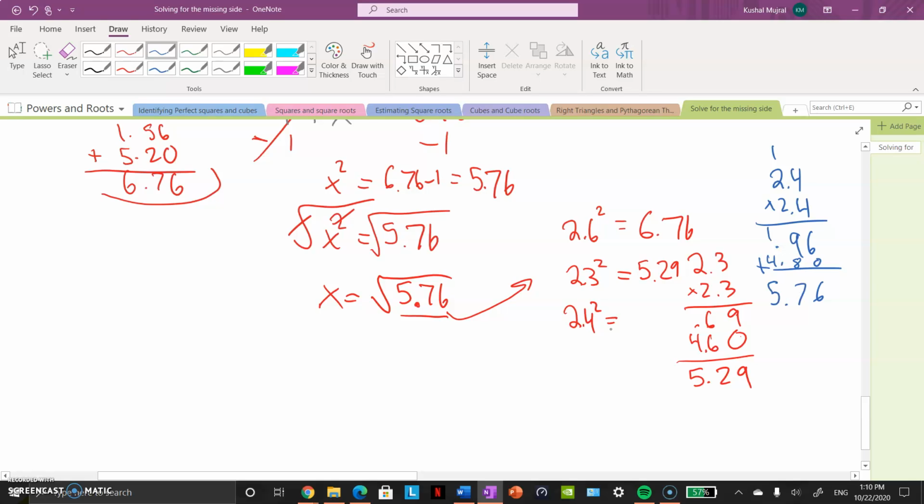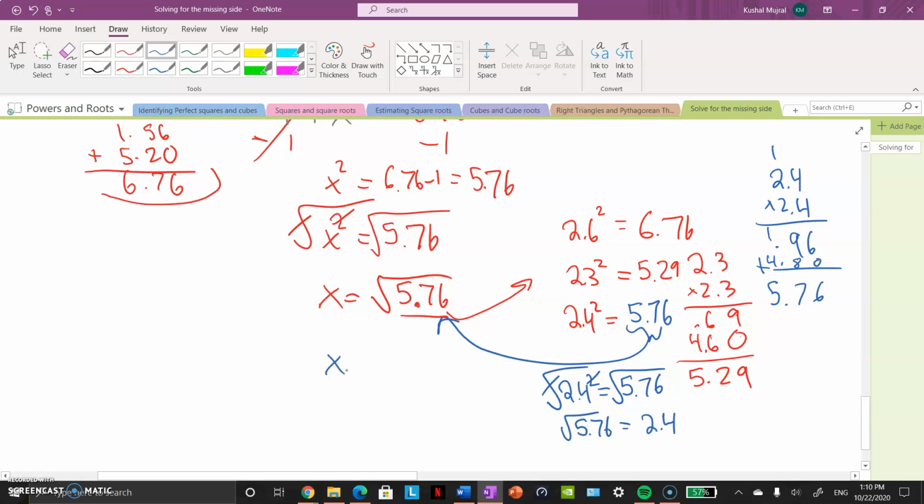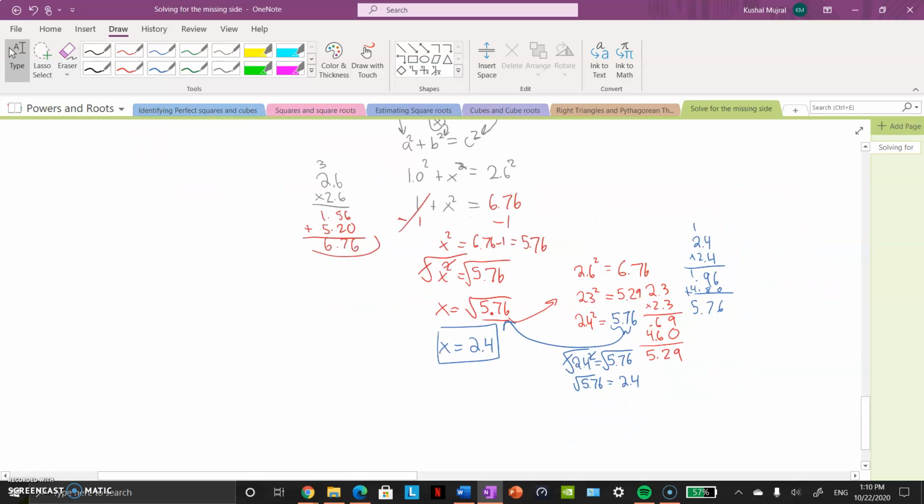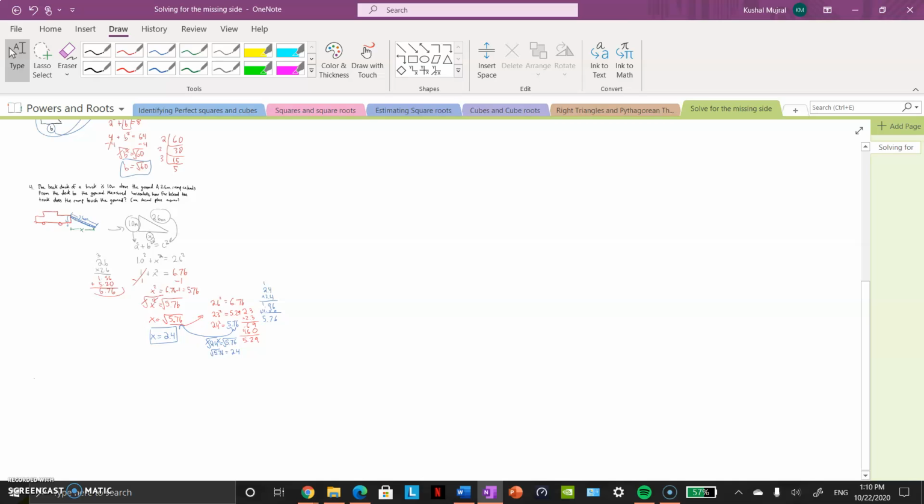Okay, so 2.4 squared is 5.76, which is this thing over here. So if 2.4 squared is 5.76, we square root both sides, the square root of 5.76 is 2.4. Okay, so x equals 2.4. That's solving for the missing side.